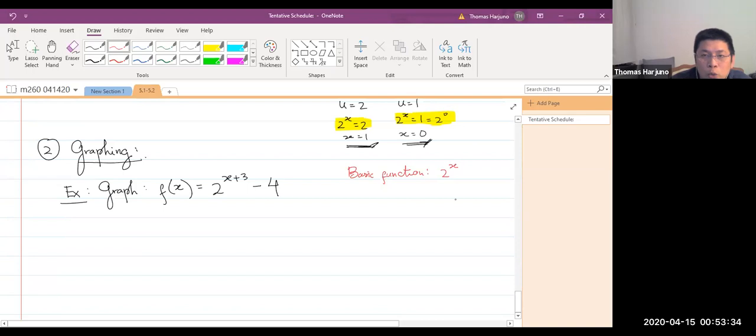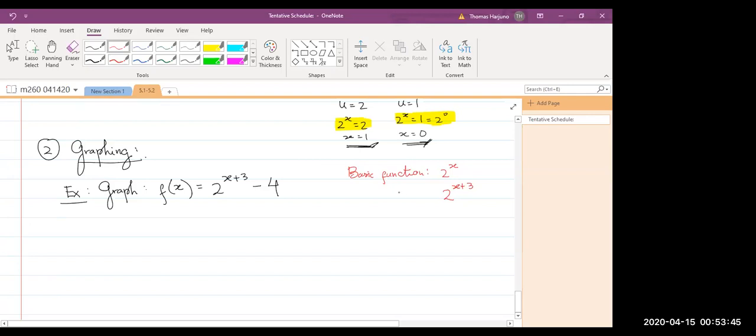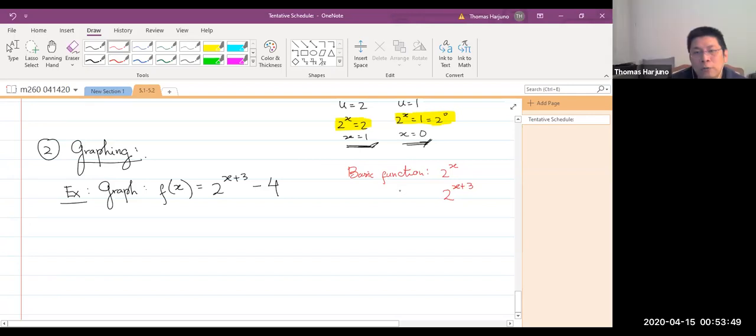Now, what do we do to the graph to make it 2 to the x plus 3? We're going to bring the graph down 4 units. No, that's if you subtract by 4. What if I replace the x by x plus 3? What happens to the graph?